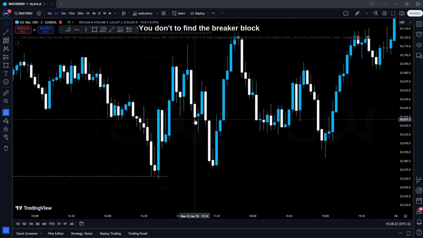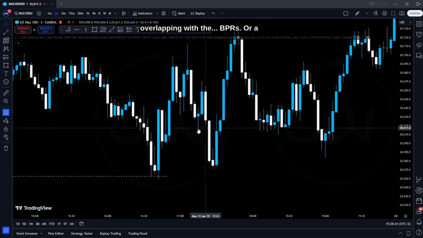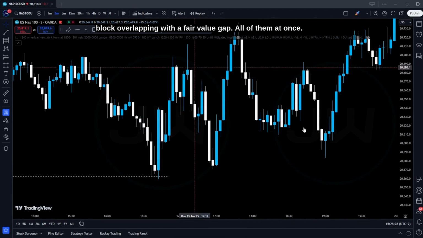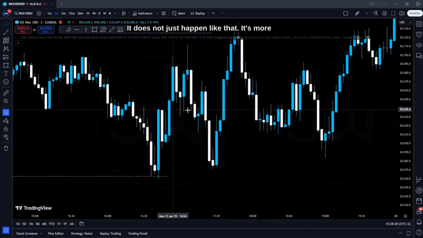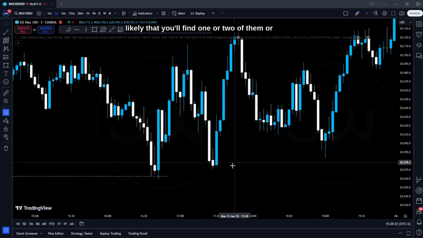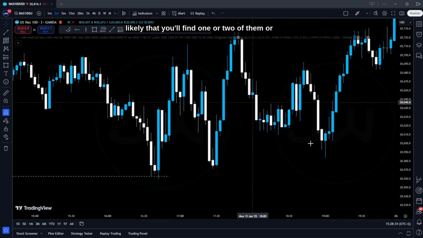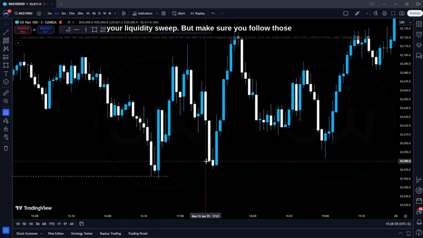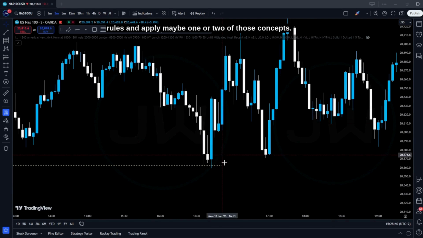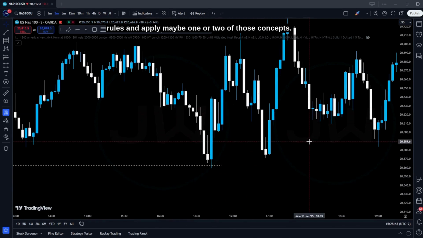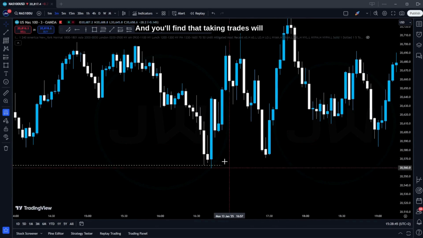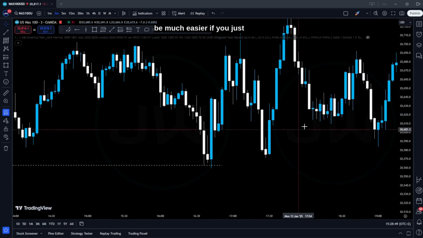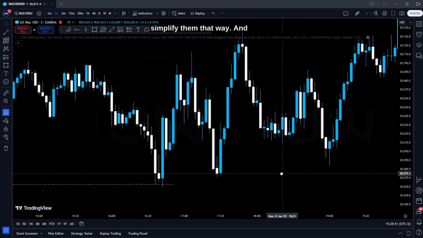You don't have to find the breaker block overlapping with an order block overlapping with a fair value gap, all of them at once. It does not just happen like that. It's more likely that we'll find one or two of them, or even three sometimes, after your liquidity sweep. But make sure you follow those rules and apply maybe one or two of those concepts, and you'll find that taking trades will be much easier if you just simplify them that way.